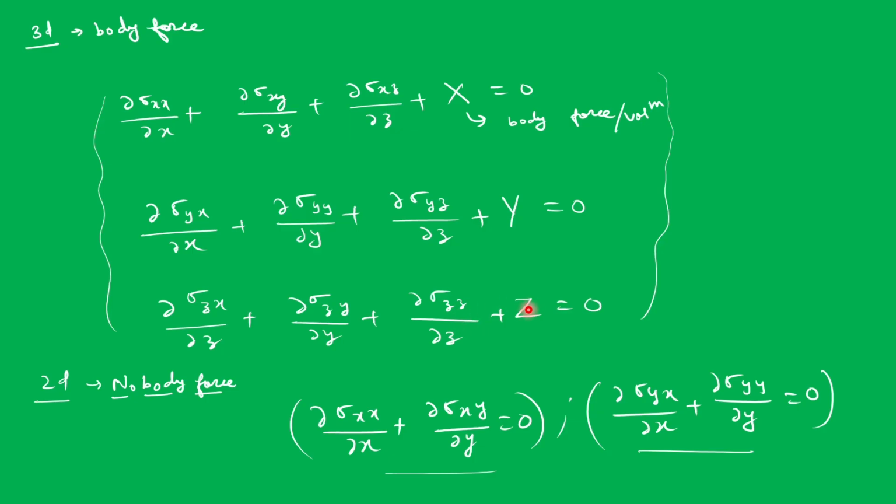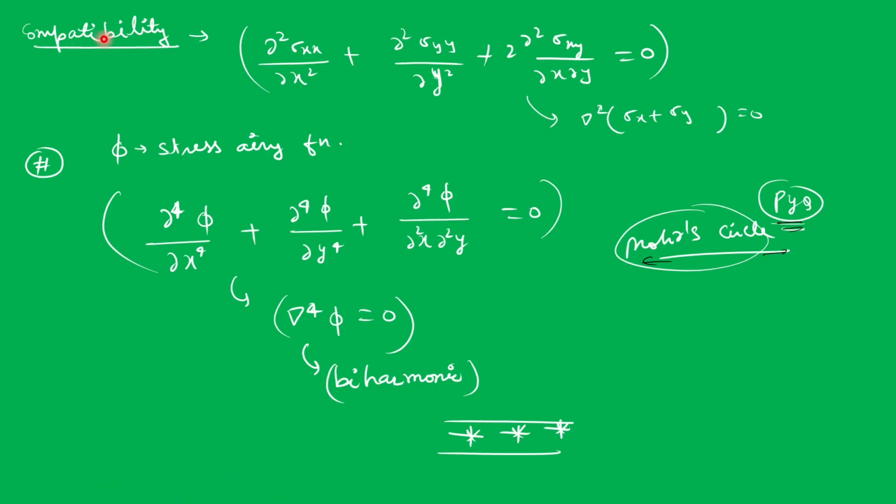So everything that has z in it will be cancelled out. So what are we left with? We are left with dou sigma x by dou x plus dou sigma xy by dou y plus dou sigma xz by dou z. So guys, these formulas are very important, you need to remember this. You cannot forget this if you want to score good marks in the GATE.